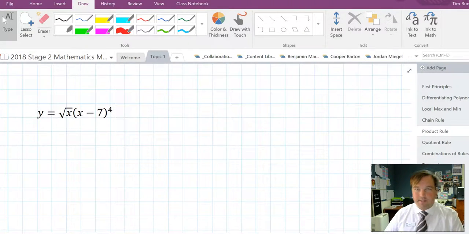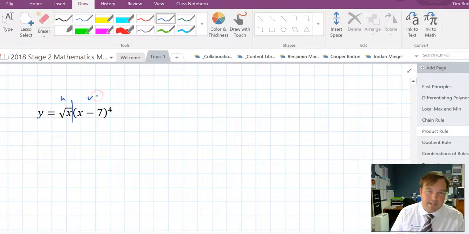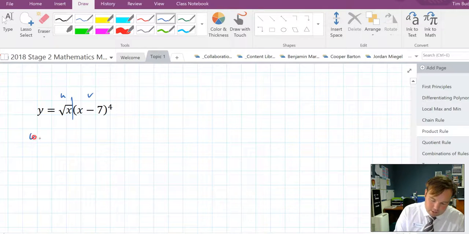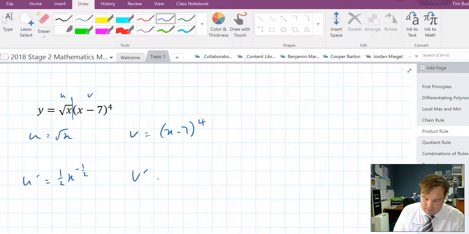Alright, a little harder. Once again, we can quite easily see u and v. And normally we can see two products multiplied by each other quite comfortably. So this here is u, v, root x, x plus 7 to the power of 4. U dash is a half x to the minus a half. V dash is a little harder.